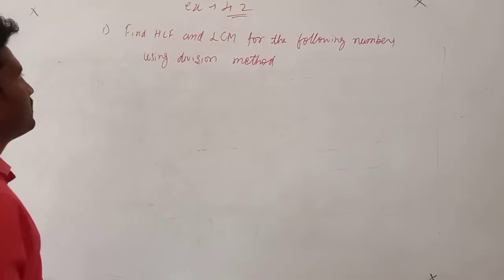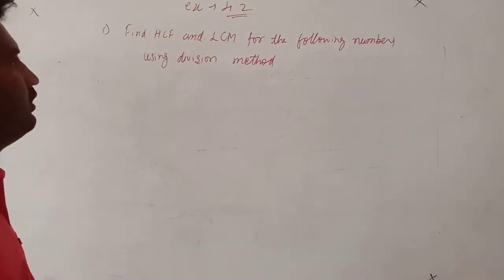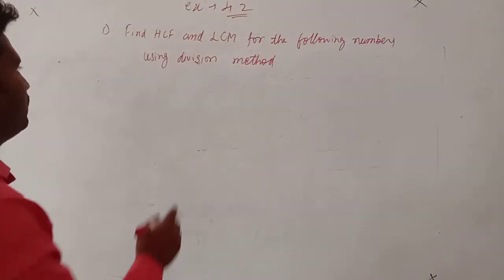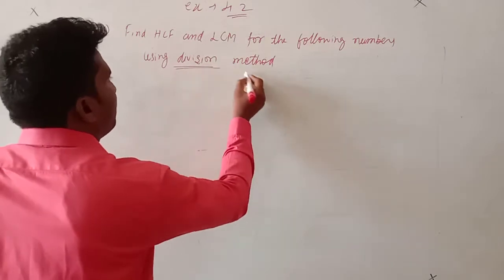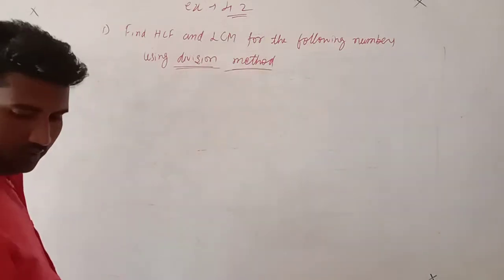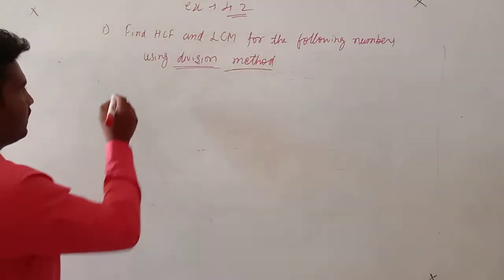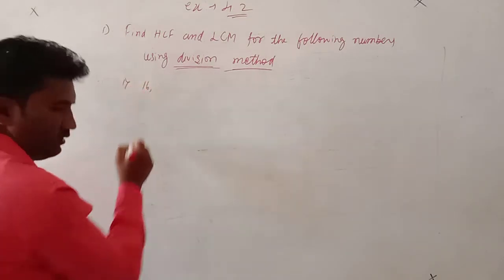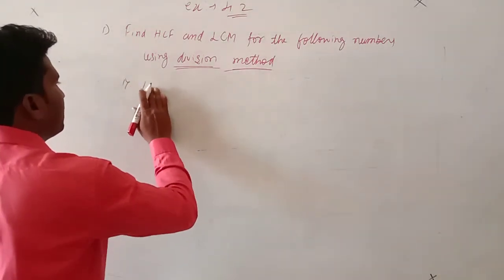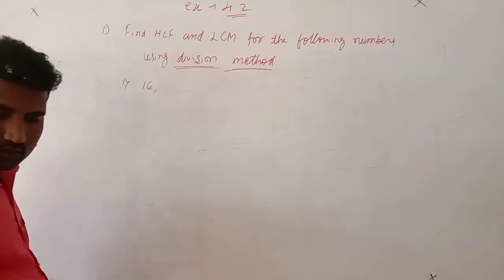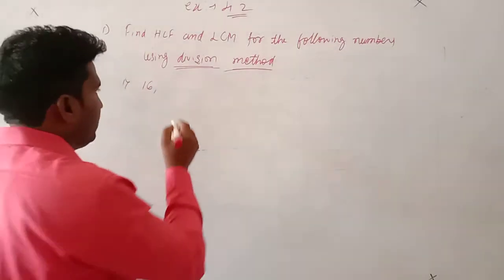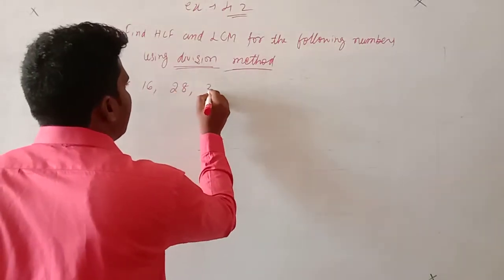Okay. So find HCF and LCM for the following numbers by using the division method. Okay. So the first one is 16, 28 and 36.